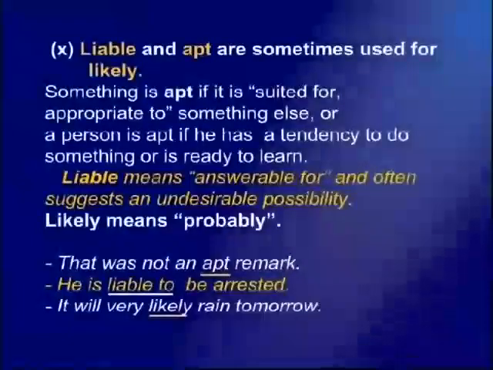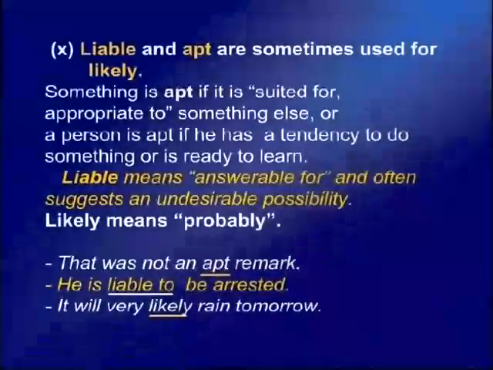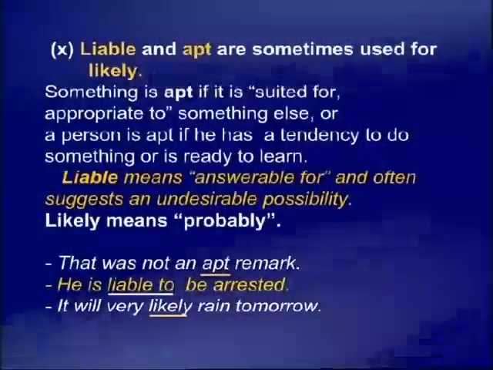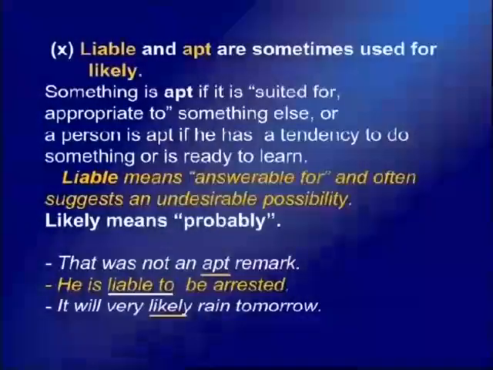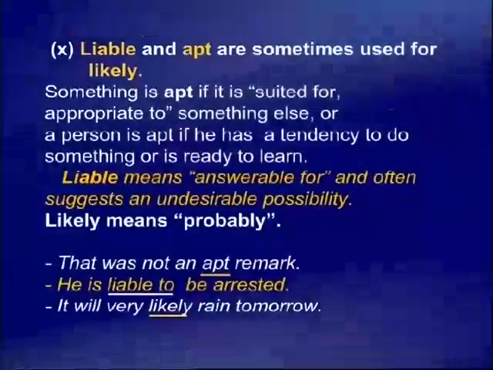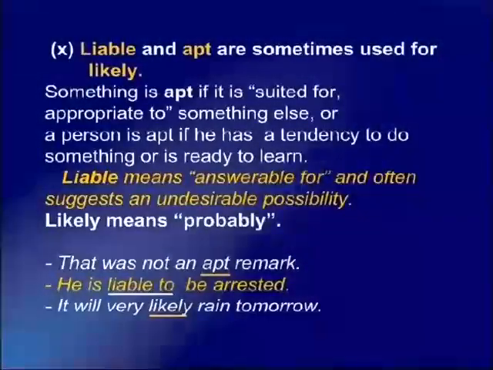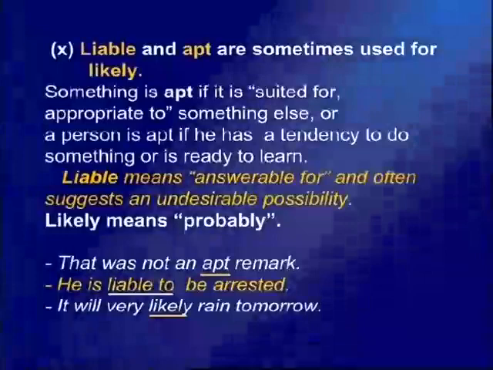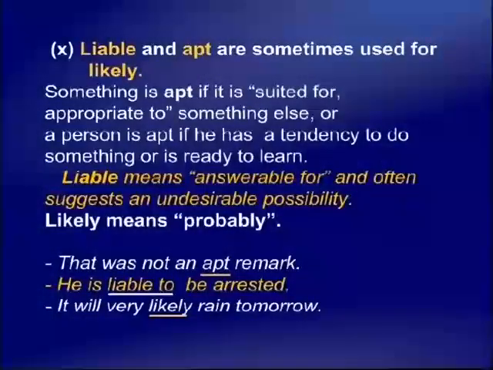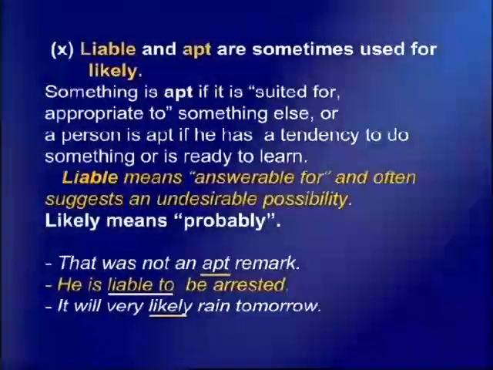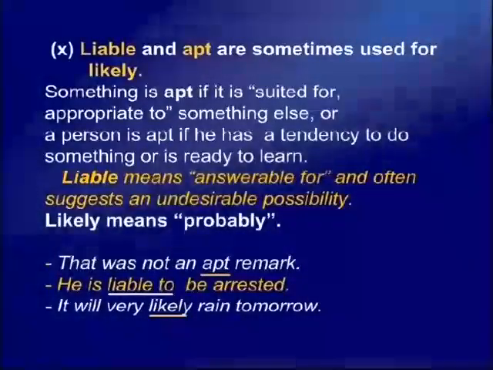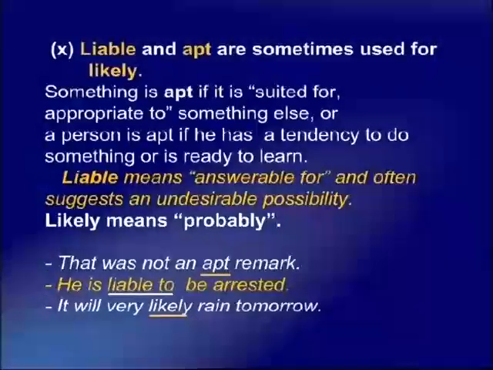Now there is another group, and again these are not homonyms, but I have included them because students often don't know when to use which one. And these are the three words: liable, apt, and likely. Now liable and apt are sometimes used for likely.